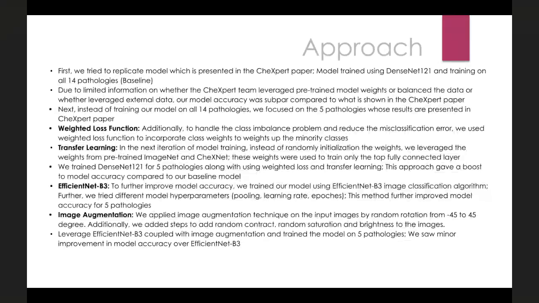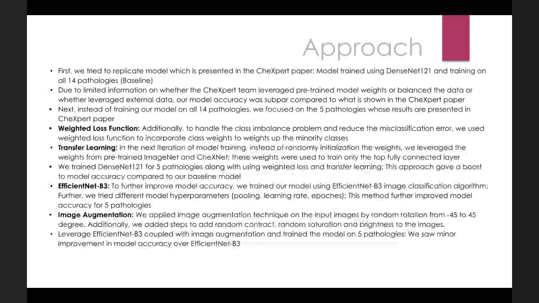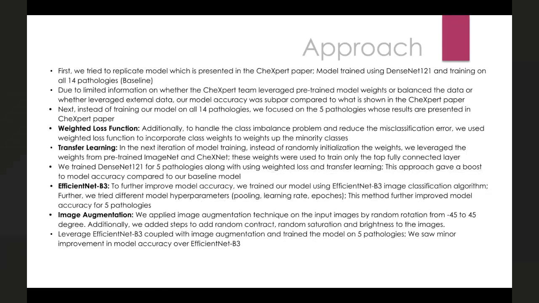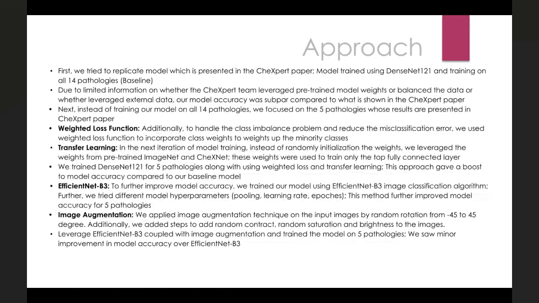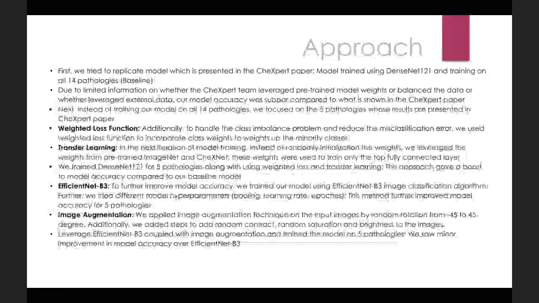Next, we applied a weighted loss function and focused on only the 5 pathologies CheXpert focused on. So we applied transfer learning with weighted loss on DenseNet 121. Next, instead of using pre-trained ImageNet weights, we used CheXNet weights, because the CheXNet DenseNet model is already trained on chest X-ray images.